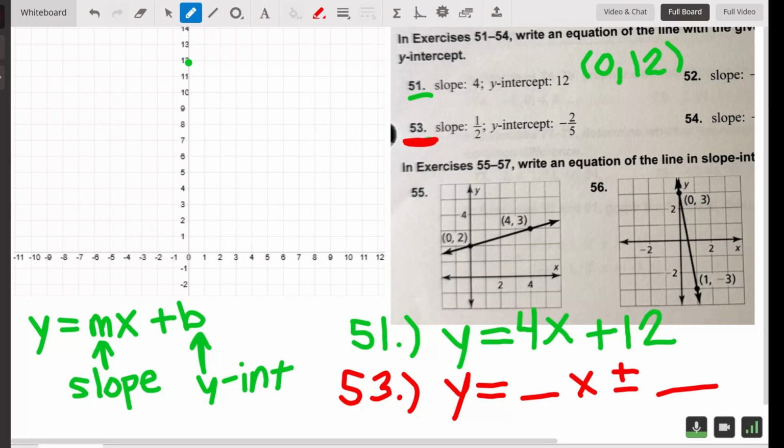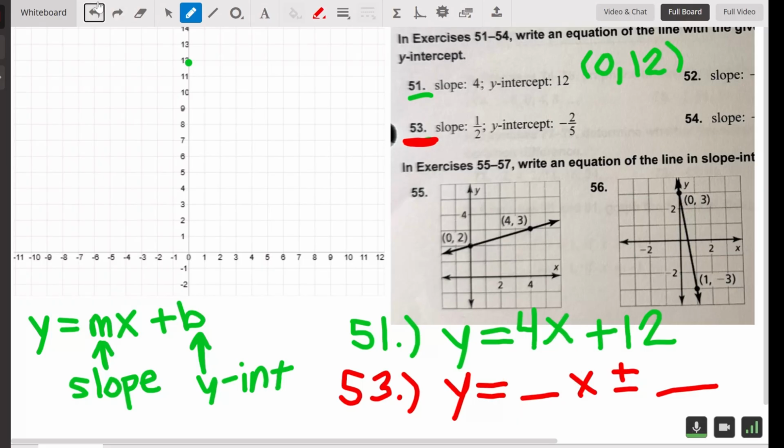It's either a negative value for intercept or a positive value. Well, let's fill in those blanks. Let's start with the slope this time. So this guy, what is that value?